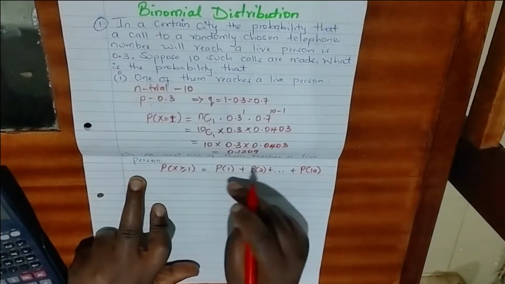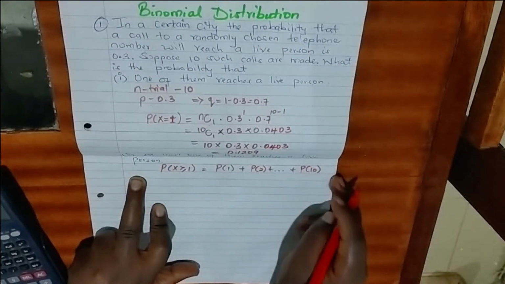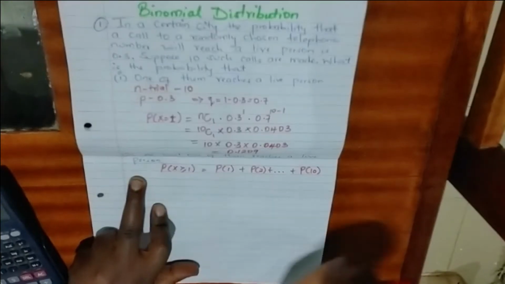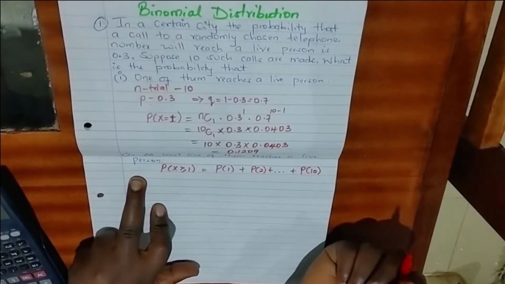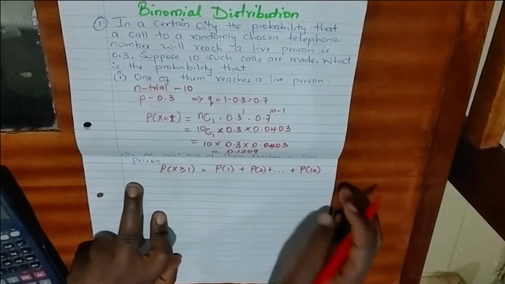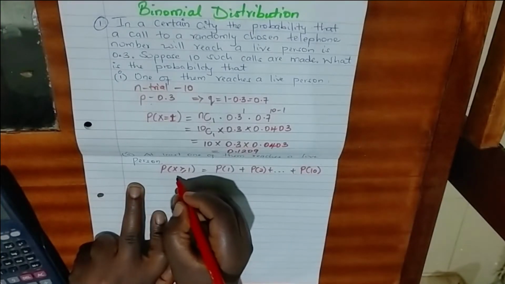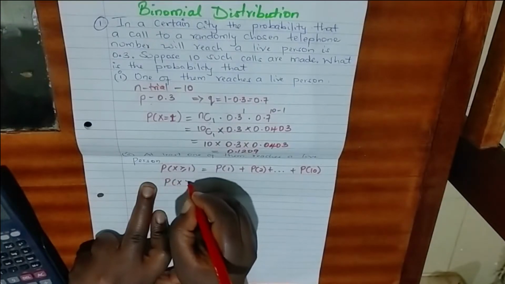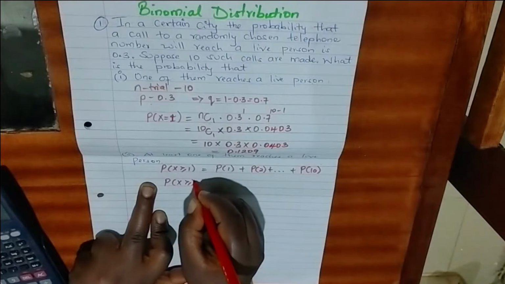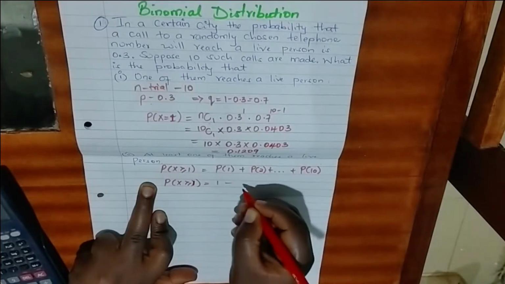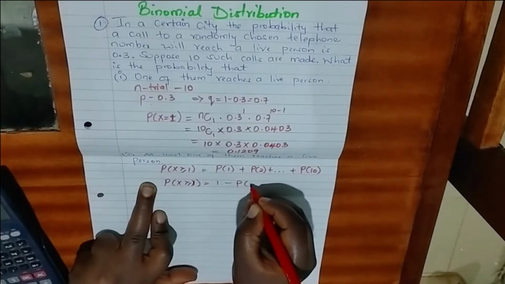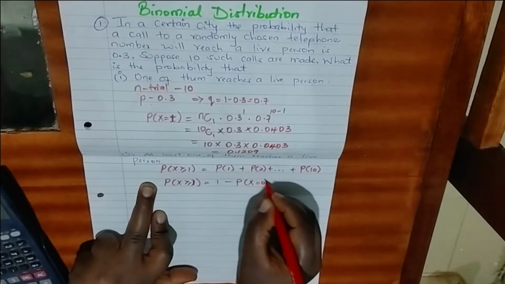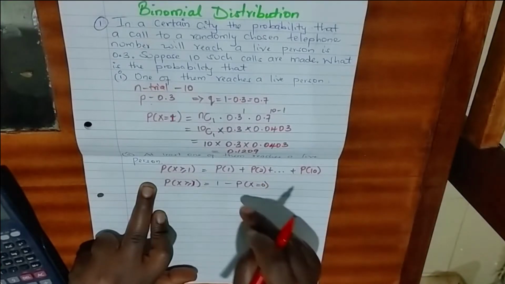If you compute each of these probabilities and sum them, you will get the probability of at least 1. However, there is another approach. The probability of reaching at least 1 is equivalent to 1 minus the probability of not reaching any live person.